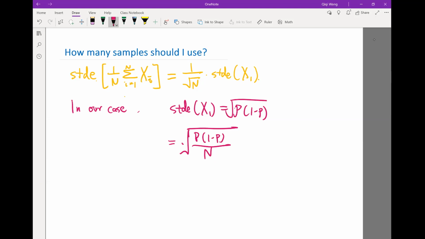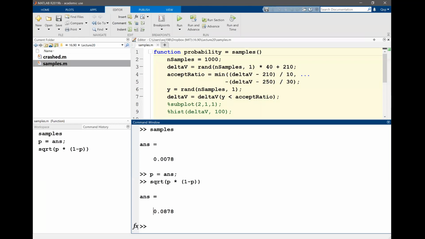Okay, so it depends how accurate a result you want. If I want a precision within, let's say, 0.1%. So let's go back to our MATLAB example, right? So we know with a single sample, we roughly get a standard error of 8%.